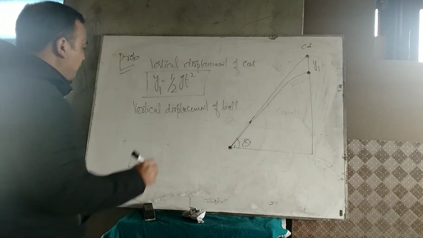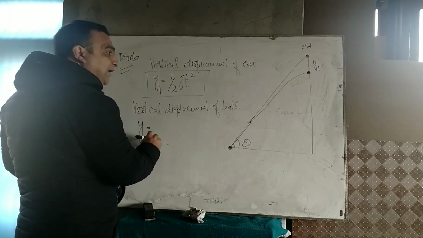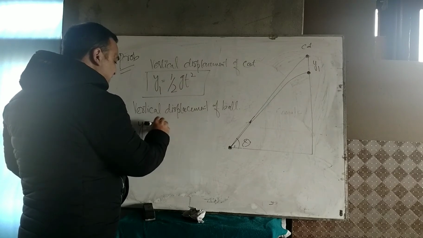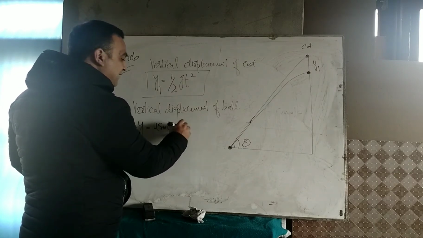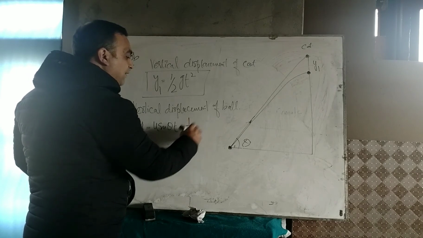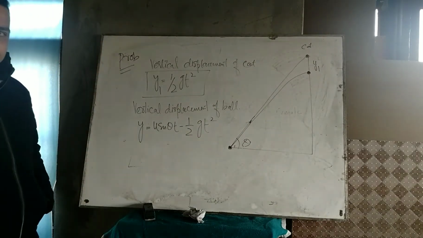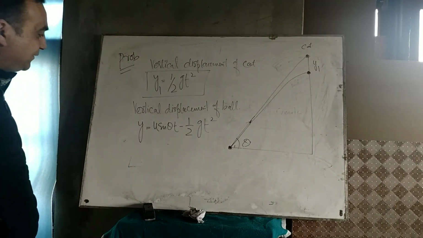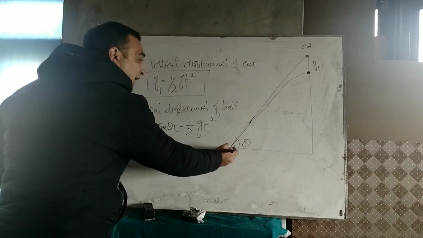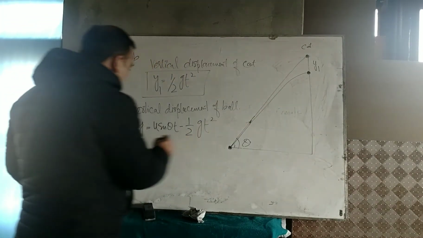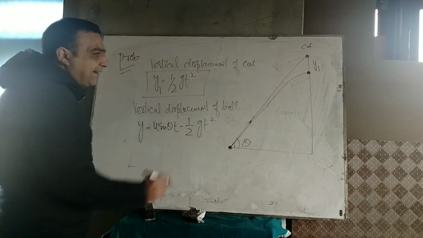That will be, I will call that y, that will be u sine theta t minus 1/2 of gt square. This is the vertical displacement of this ball. It will have taken a height equal to y is equal to u sine theta t minus 1/2 of gt square.